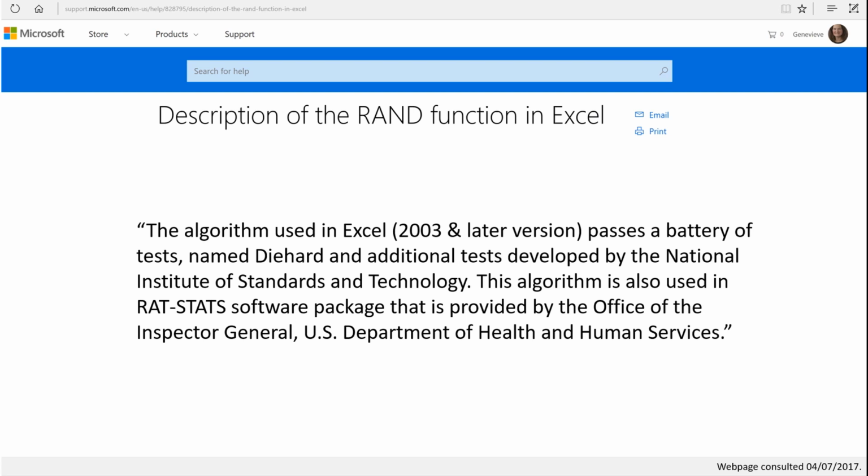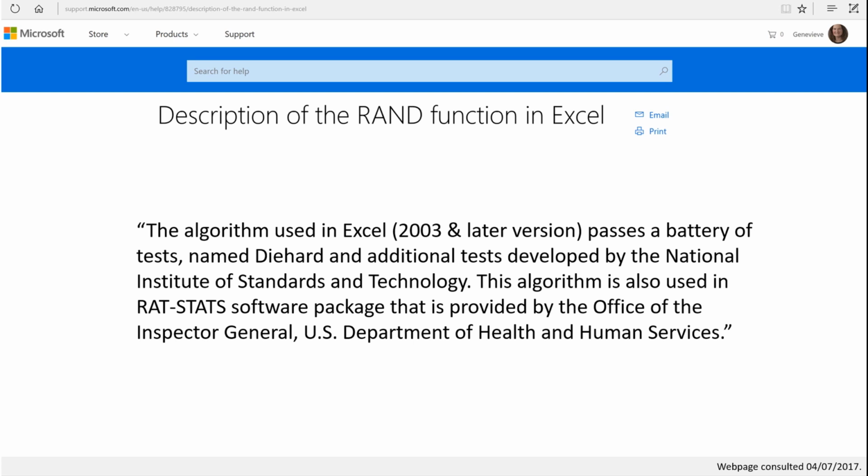According to the Microsoft.com support page, the algorithm used in Excel to generate random numbers passes a battery of tests, including tests developed by the National Institute of Standards and Technology, and is also used in the software package provided by the Office of the Inspector General in the US Department of Health and Human Services.